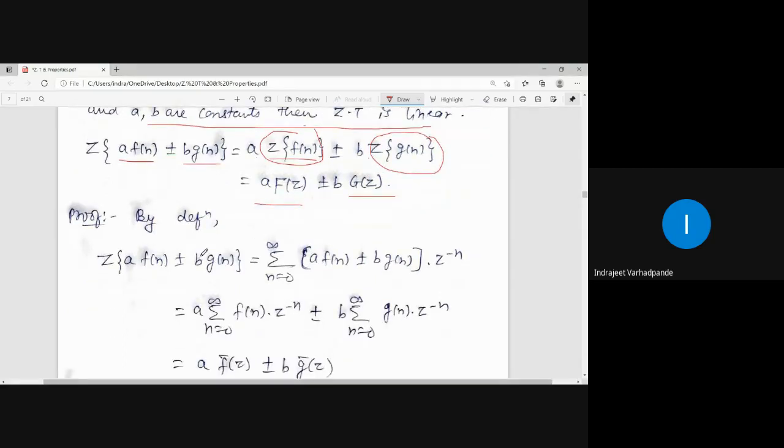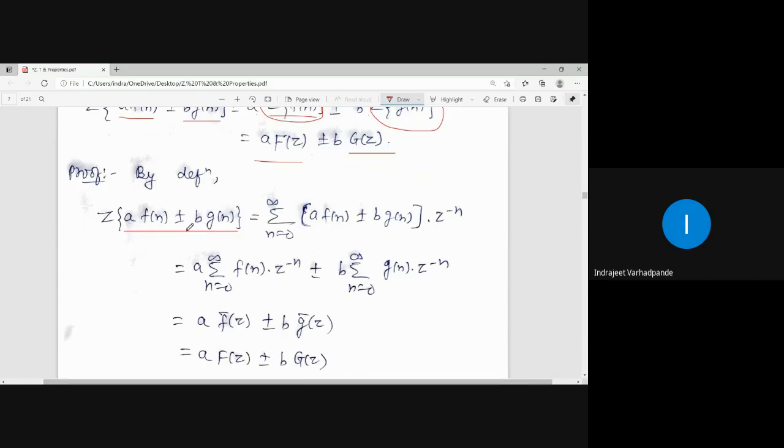So by definition, we try to prove it. What is the definition of the Z transform? Z transform of any sequence is nothing but summation n equal to 0 to infinity f of n into z to the power minus n. So we have to calculate the Z transform of the sequence a f of n plus minus b g of n.